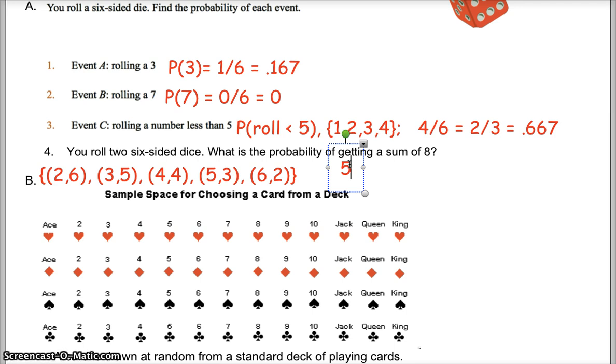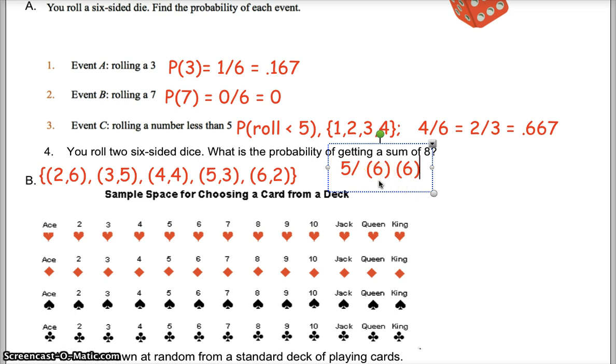Well, now let's talk about the total number in the denominator. We know that our first die has 6 options. Our second die also has 6 options. Now the last thing we need to figure out is, what do we do with the value of these 6s? Do we add them? Do we subtract them? Do we multiply them? Do we divide them?